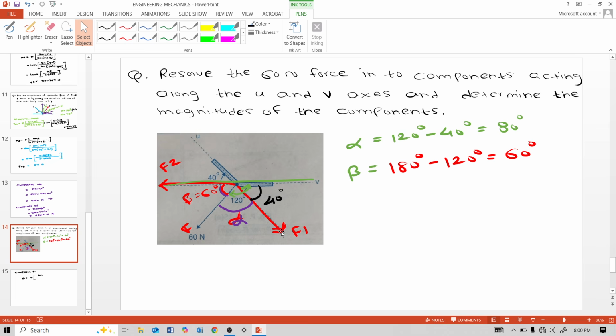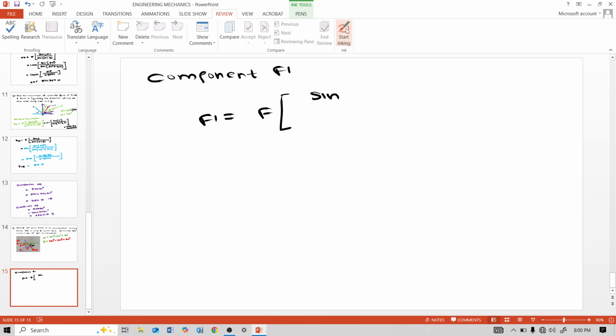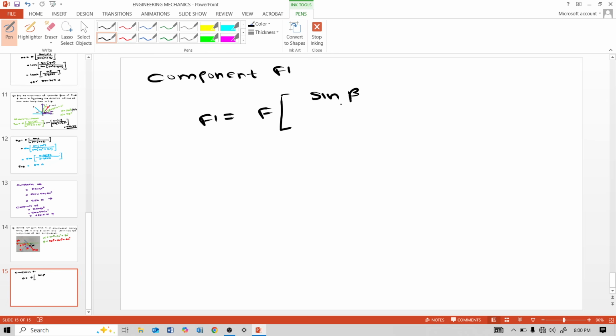Now we are calculating this F1 component. The angle between F and F1 is alpha, but in the numerator this alpha will not come. In the numerator the opposite angle beta will come. So just remember this thing. And upon sine of both angles, alpha plus beta, will come in the denominator.